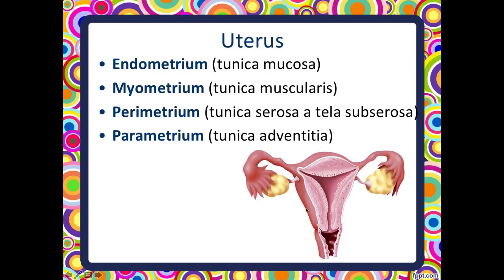So the superficial layer can be either perimetrium, which is serosa, or the parametrium, which is tunica adventitia. The inner layer is always the endometrium, tunica mucosa, and the middle, the muscular layer, is called the myometrium.